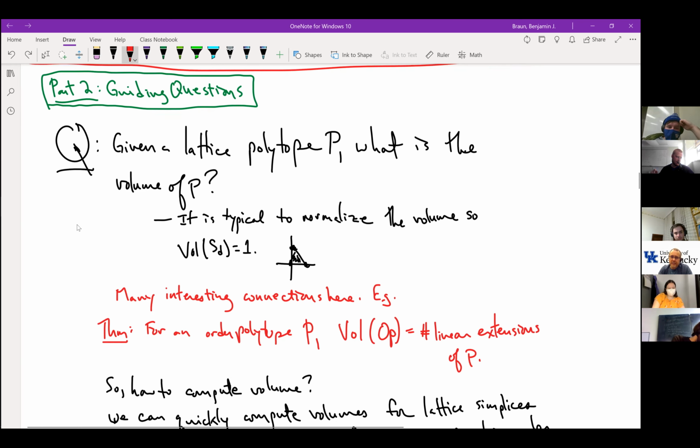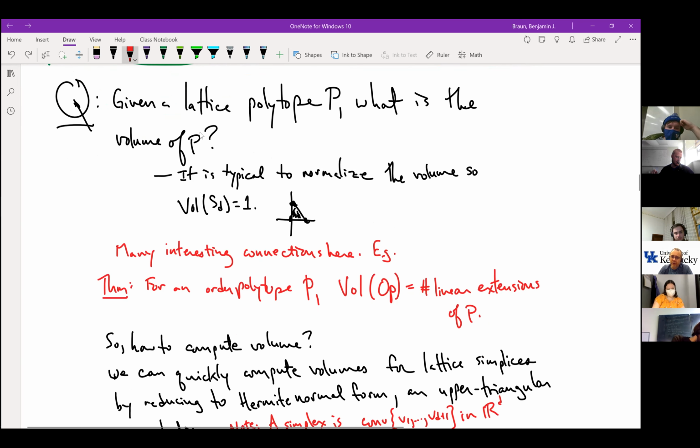Okay. So one thing I want to mention for lattice polytopes, it's typical to normalize the volume, so the volume of the standard simplex is 1. This lattice triangle here, the standard simplex in R^2, in Euclidean volume has area 1/2, but from a lattice point perspective, its volume is 1. One thing that does is every lattice polytope has an integer normalized volume. Okay, and that makes this work out.